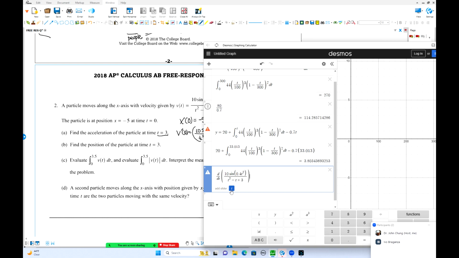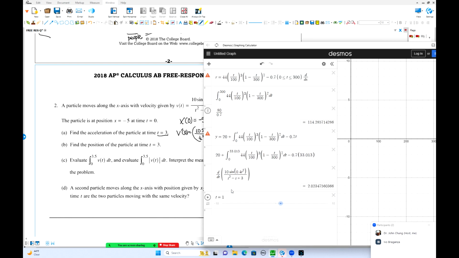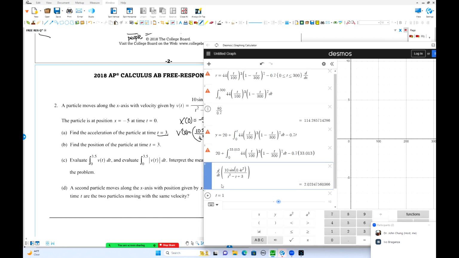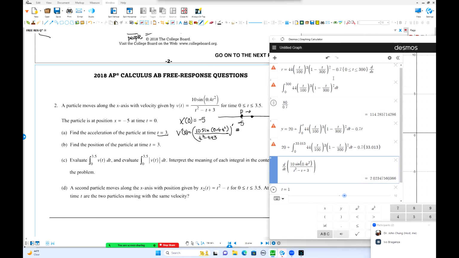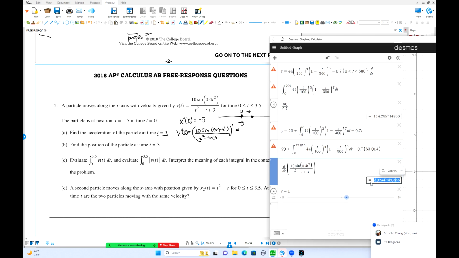And the slider t, what does that mean? Over here, add the slider t. Over here, t equals what? After that, we take t equals 3 over here, not this one.